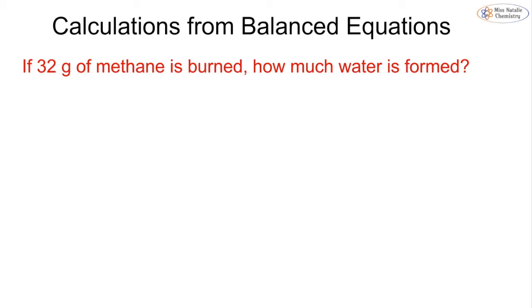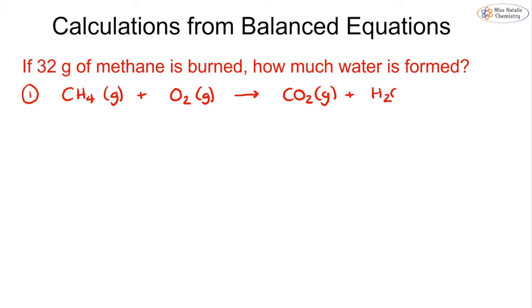If we have methane for step 1, our balanced chemical equation is CH4, and that's a gas. We burn it in oxygen, which is also a gas. And every hydrocarbon is going to form carbon dioxide plus water. When we're discussing burning, unless it says otherwise, we will assume that it is always complete combustion.